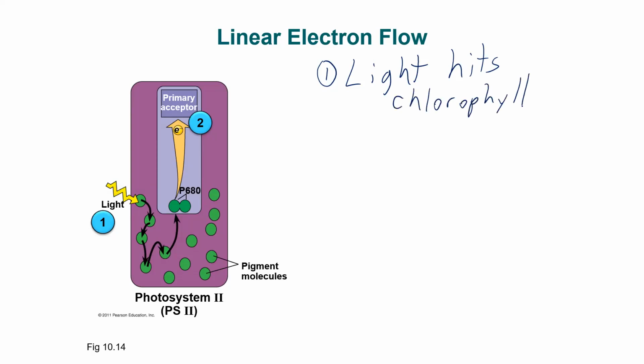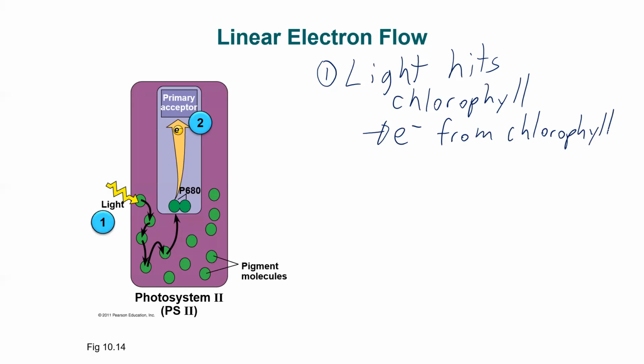So light hits chlorophyll. That's the first step there. And what happens is that energy is transferred to electrons in chlorophyll. And so electrons from chlorophyll are basically transferred to that reaction center, which is called P680.